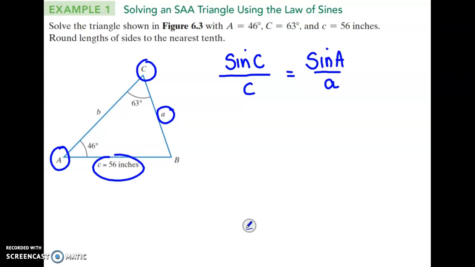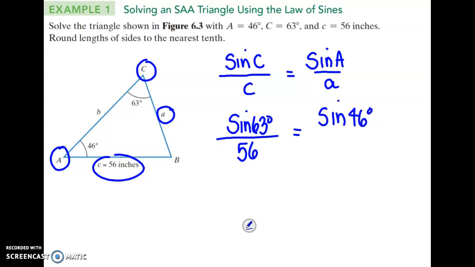Now we substitute in what we know. Angle C is 63 degrees over side c, which is 56 inches, equals the sine of A, 46 degrees, over little a. So now we're going to go ahead and use cross multiplication.